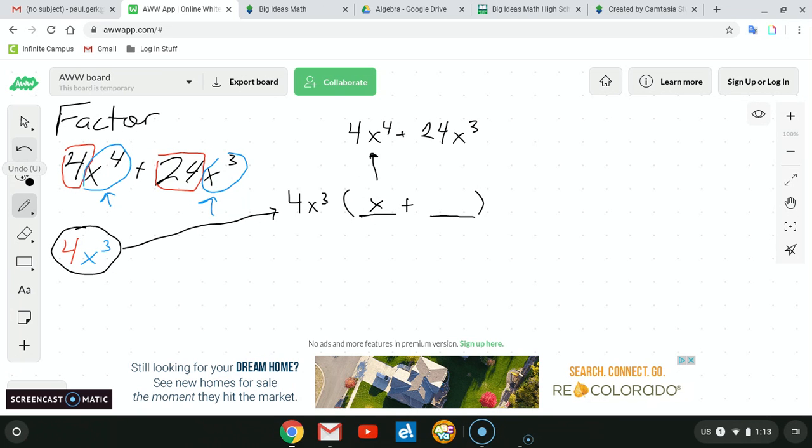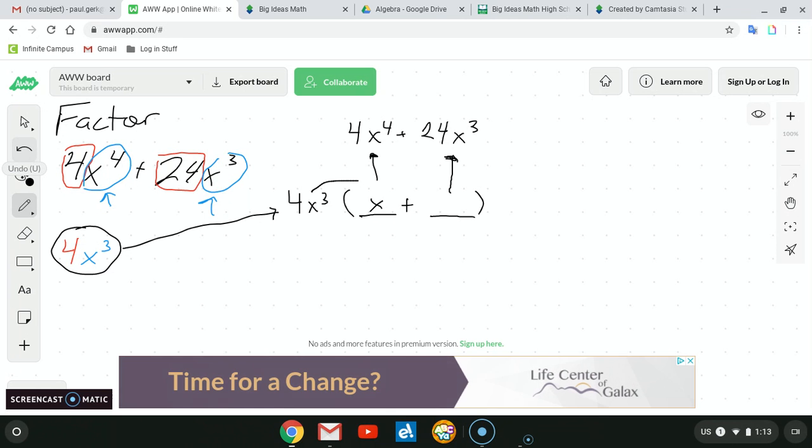So what do I multiply 4x to the third by in this space to get back up to 24x to the third? So 4 times what equals 24?